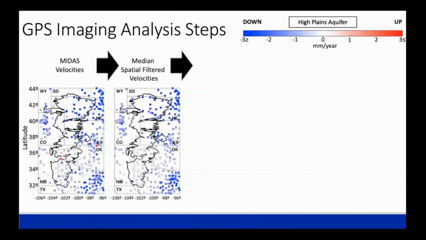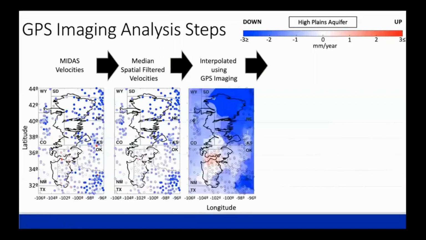Next, we apply weighted median spatial filtering to remove speckle noise, like you can see in Oklahoma and parts of the Texas Panhandle. Then we interpolate these velocities to a grid using weighted median estimation to create a vertical velocity field.